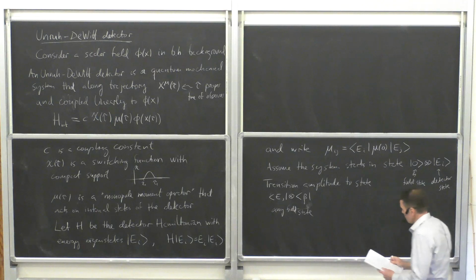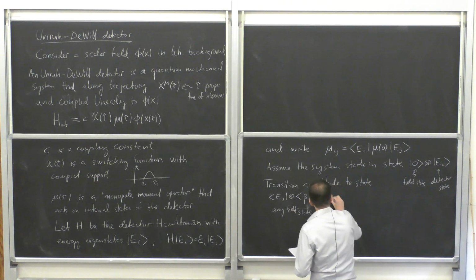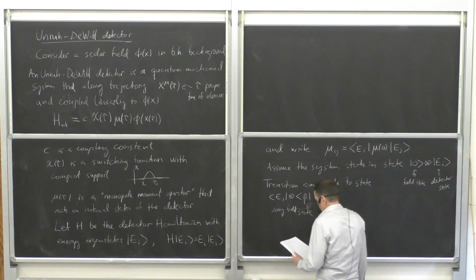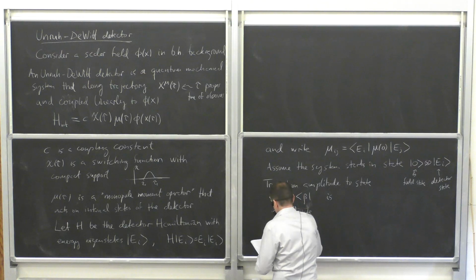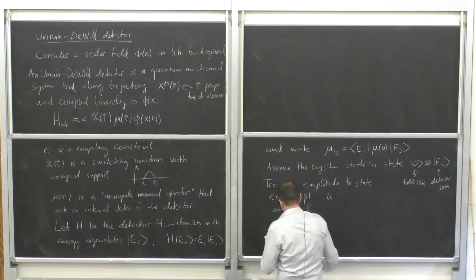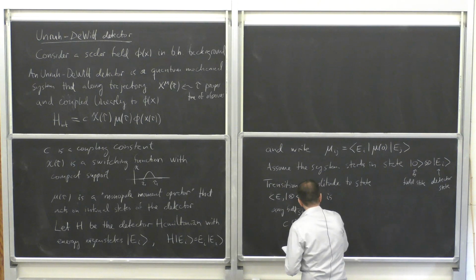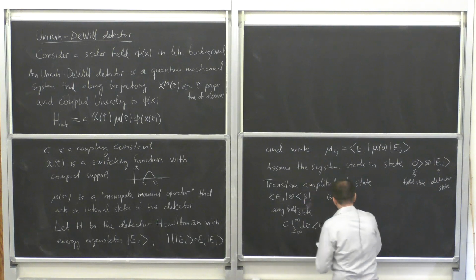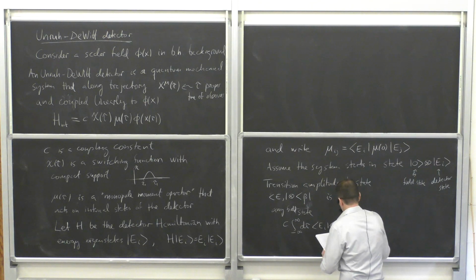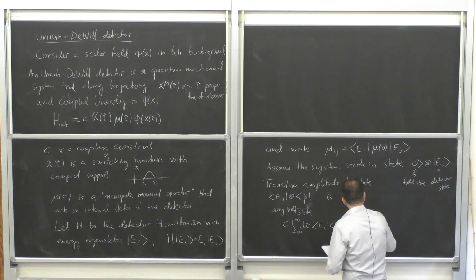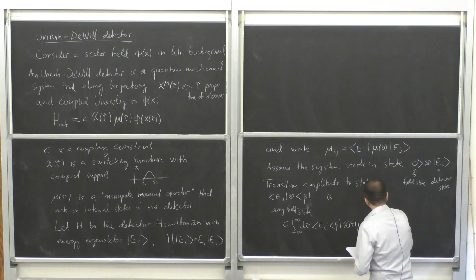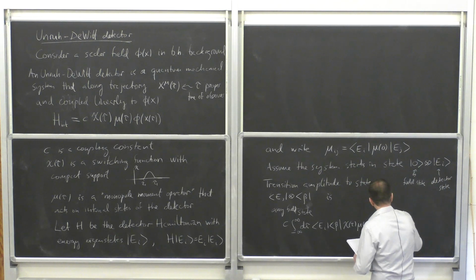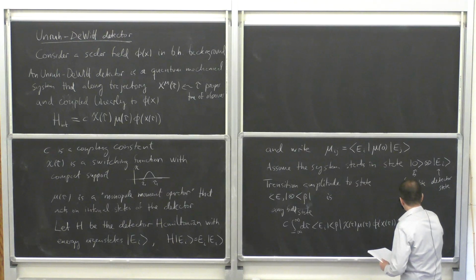Okay? So this transition amplitude is given by, well, there's going to be a C. We're going to have an integral from minus infinity to tau. And then we simply put in here our chi of tau, our mu of tau, the operator, our field operator, and then the state we started from, right?